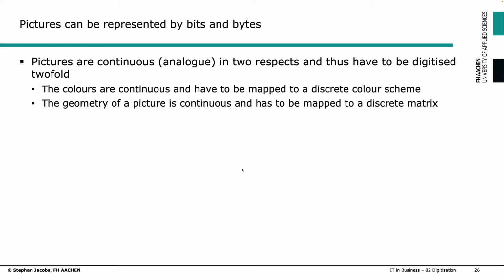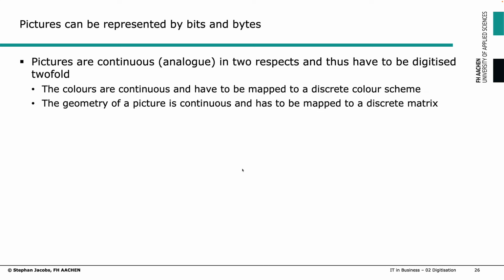Actually, we have lots of continuous colors. So if you move from blue to red, there are millions and millions of colors in between. And there's no way in the natural world to just say we have 10 or 20 different colors in here. But actually we have to map all these colors to a discrete color scheme.